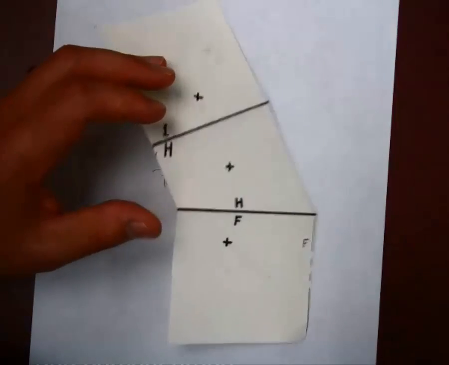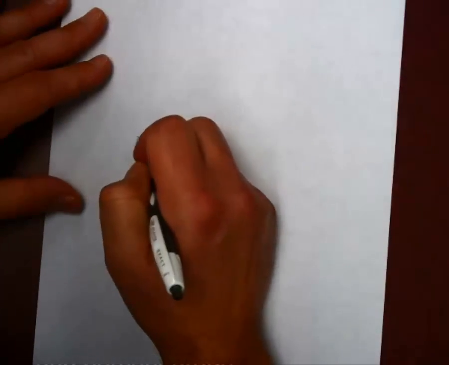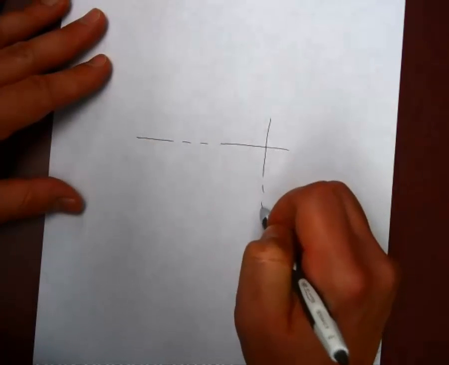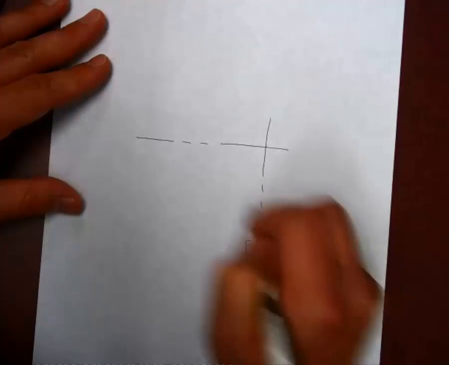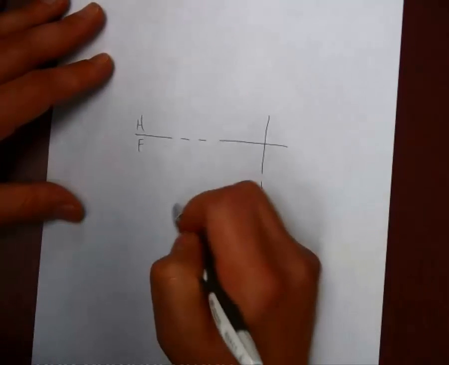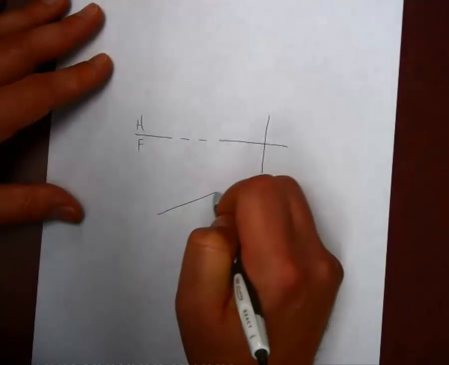So in order to find the slope, we know it has to be an elevation, but there's a little bit more to it than that. If I have a situation like so, here's my front, here's my profile, here's my horizontal. I'm going to ask you guys a trick question.